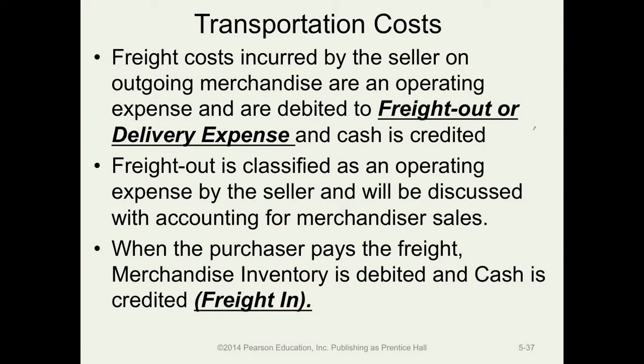Now, when it's incurred by the selling company, that's going to be only for the FOB destination. So that you have a debit to delivery expense and a credit to cash for the seller.